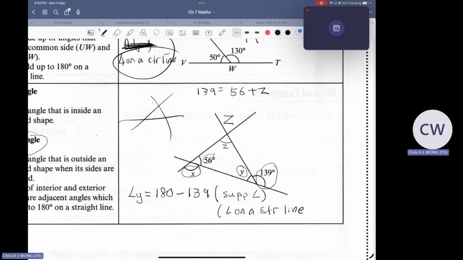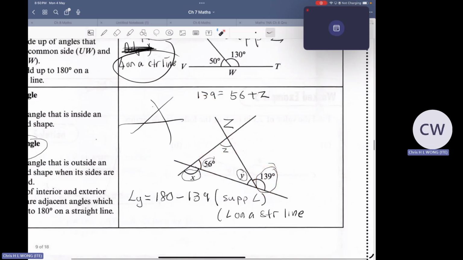Why is it I say that this one is equal to this plus this? Can you see I put that, 139 is equal to this plus this. Why is that so?